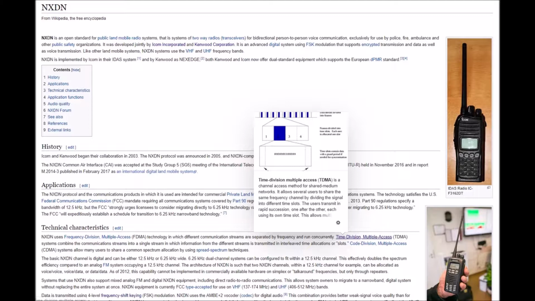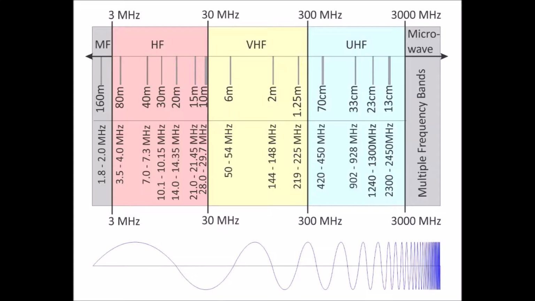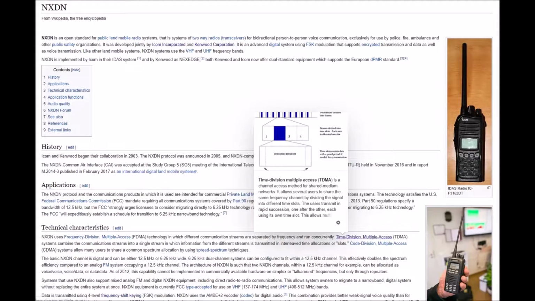Once again, we're talking about NXDN. Like other land mobile systems, NXDN systems use the VHF and UHF frequency bands. NXDN is implemented by ICOM in their IDAS system and by Kenwood as NEXEDGE, Next Edge.